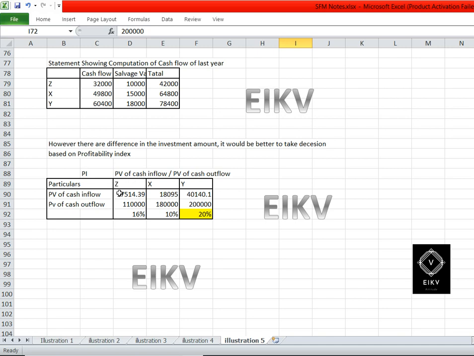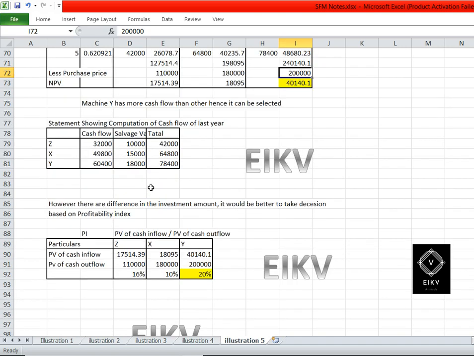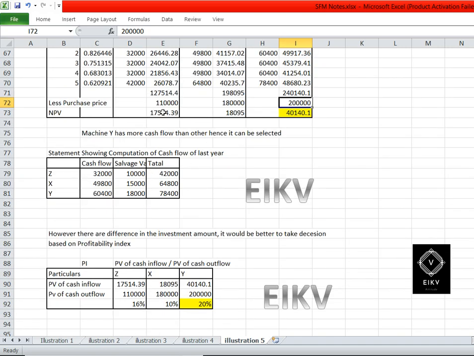Here the NPV figures are 17,514, 18,095 and 40,140. These amounts are taken from the above table, which is the NPV of the three machines.